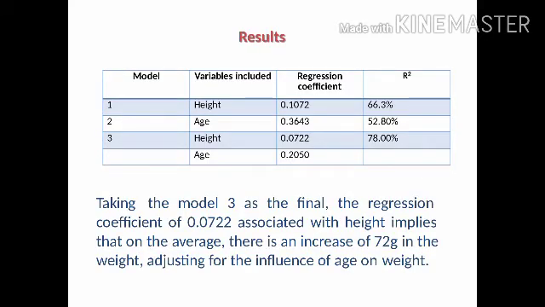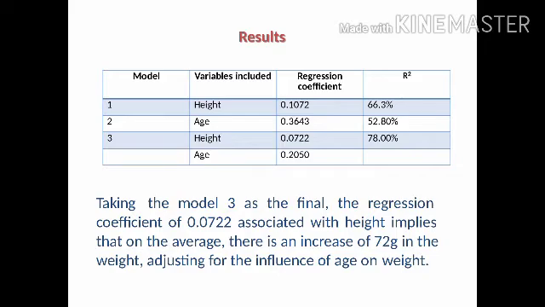And in this table you can see the models. Here we can see three models. Model 1 includes one independent variable, height. The corresponding regression coefficient is 0.1072 and the coefficient of determination is 66.3%. In model 2 we include age as the independent variable.